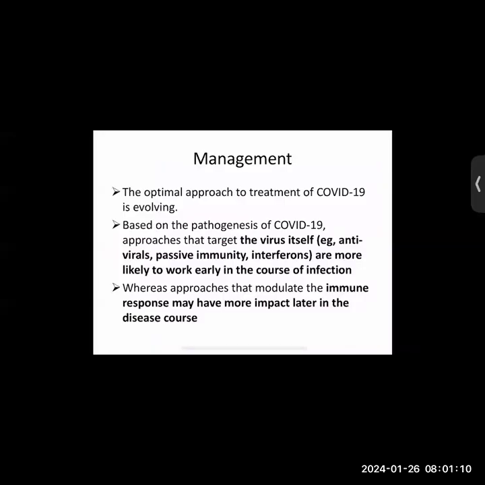Okay, we're talking about the management. The management has evolved over the years since the coronavirus was identified. Commencement of treatment early helps to reduce mortality, and also helps to prevent early or late complications.